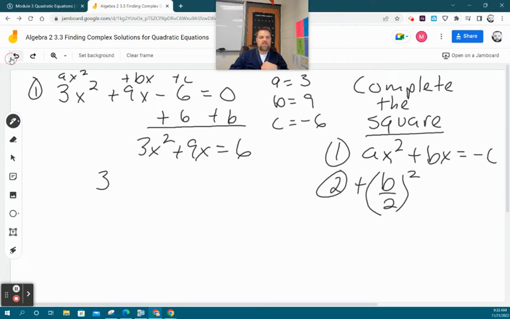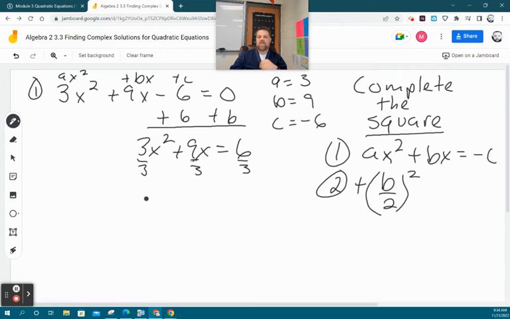One thing that we can do, and this is kind of nice, when you look at this, what do you know about 3, 9, and 6? Yeah, they're all divisible by 3. So what we're going to do is simplify this. It makes our math a little easier. So when I simplify this, I'm going to divide by 3.